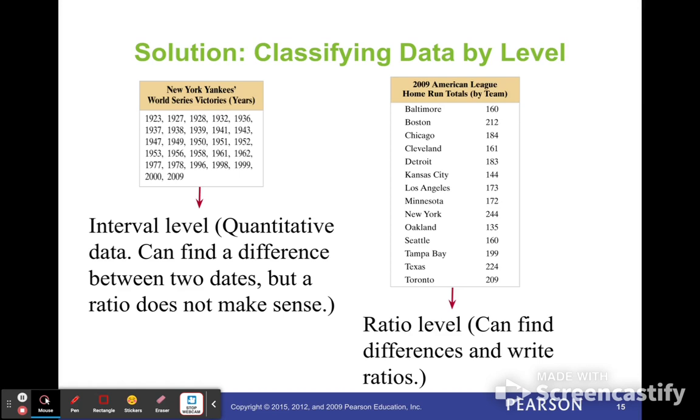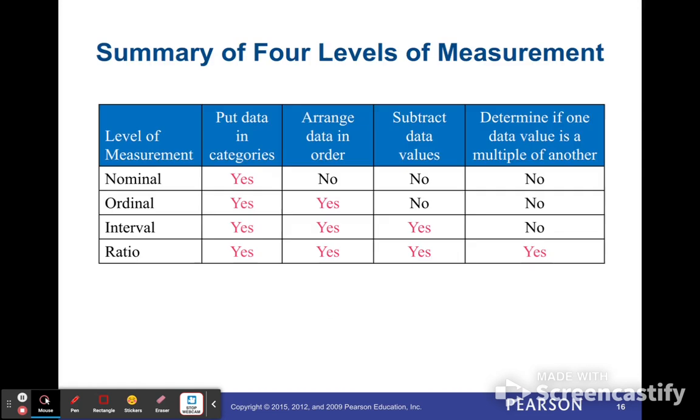So this is basically the lesson for today. As a summary, I'll give a copy of this to you so that you can use it in answering the classwork for today. This is the summary of all the four levels, so that when you look into an example, you can identify whether it's nominal, ordinal, interval, or ratio.